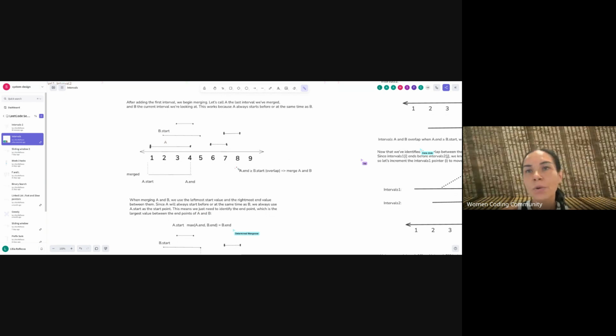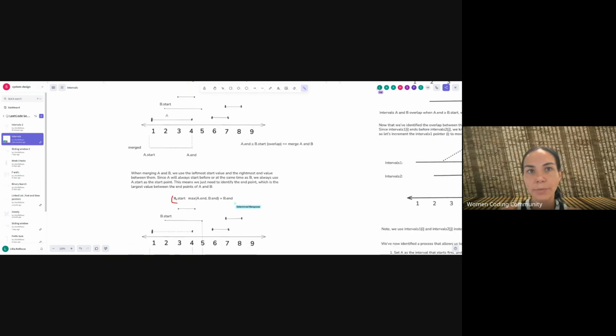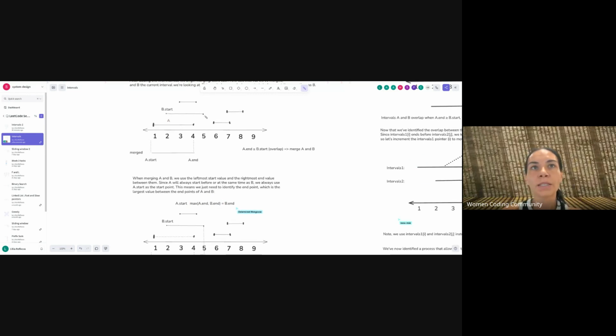So now we are merging. We identified that they overlap. What does merging mean here? We apply this formula. We take A start, and we find the max out of the two intervals' ends, and we choose one. In this case, B ends later.